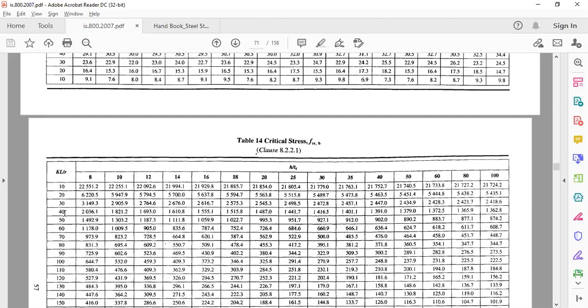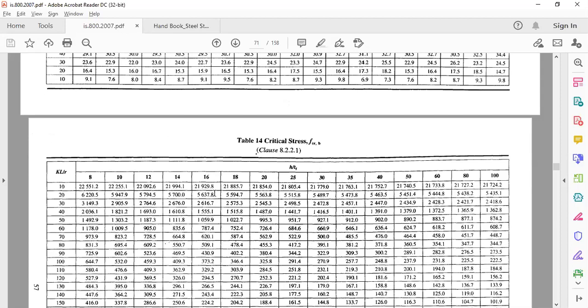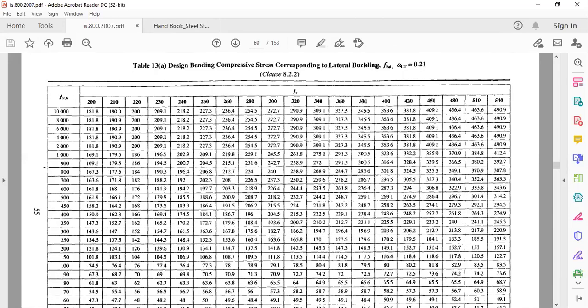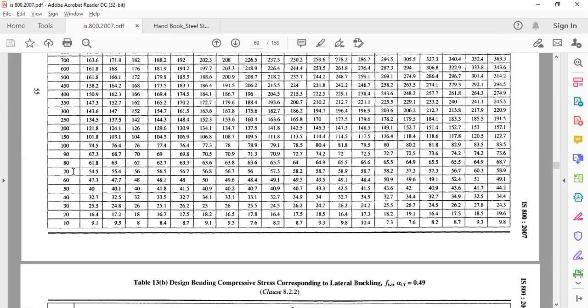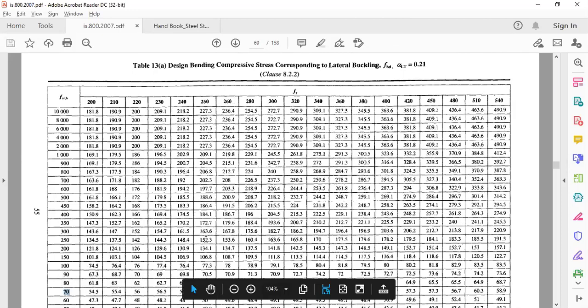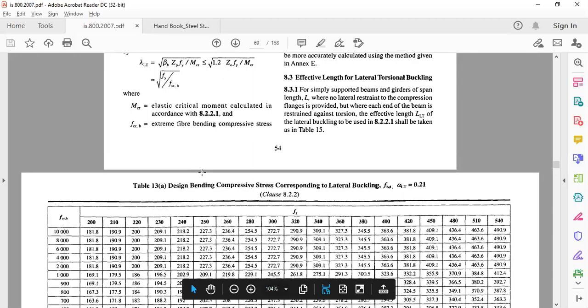Here KL by r value is 934.5; I think only 300 is available, so the least value. And h by tf value is 25, so for 25 it is 69.1. Approximately 70, and the fy value is 250. It becomes 56.8 fbd value.